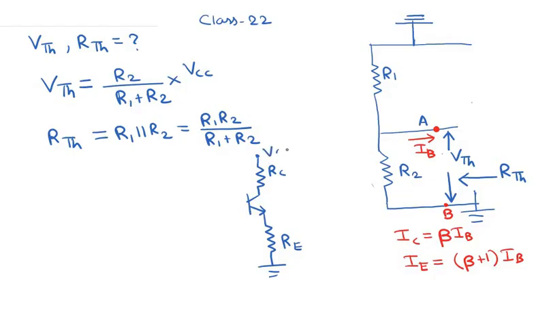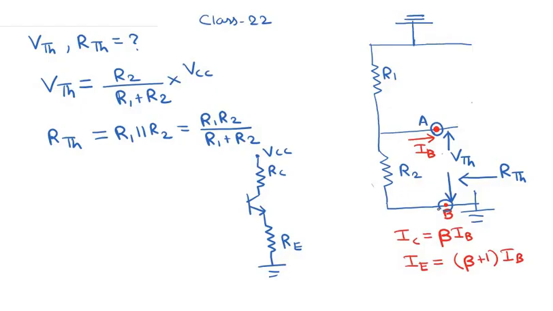This point is VCC, and this was basically our load. Okay, this was our load, and we replace everything that is connected to the base. So this point was basically connected to the base, and this point was basically connected to the ground.